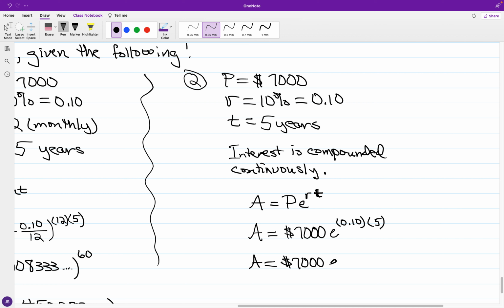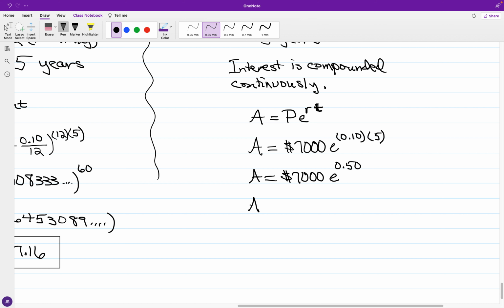So 0.10 times 5, you're looking at e to the 1/2, which is like 1.6487 among the first digits.